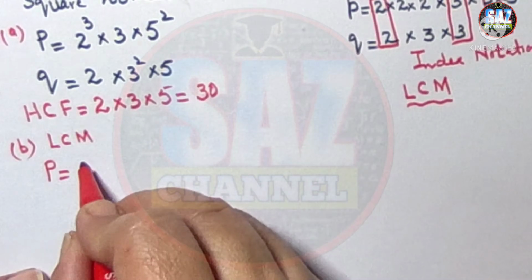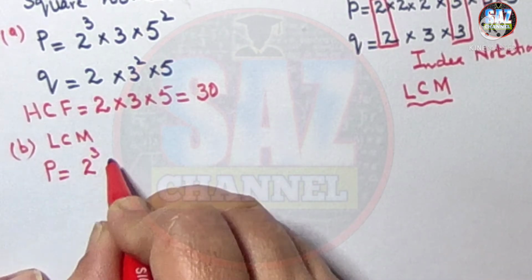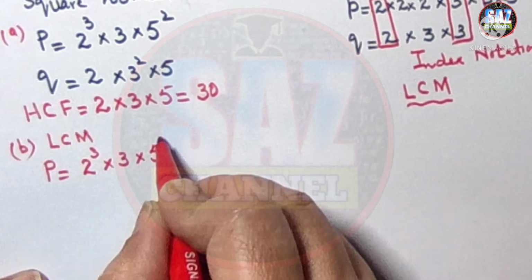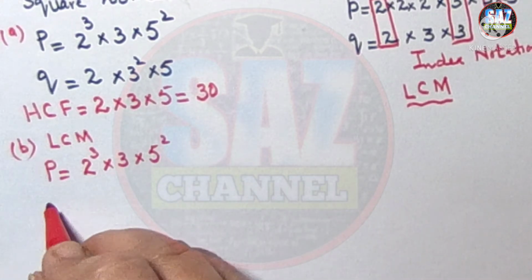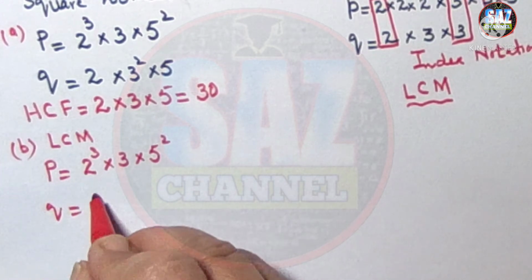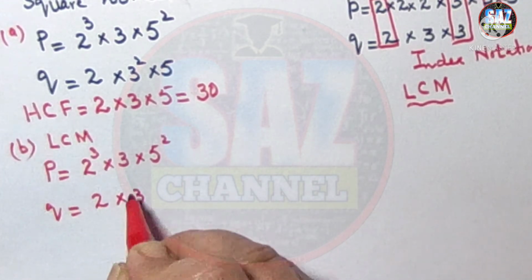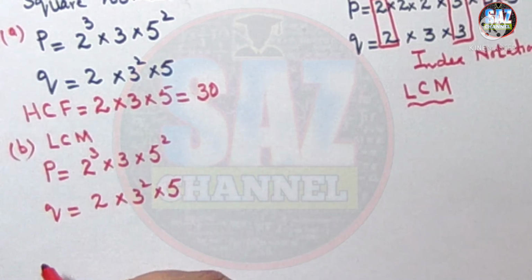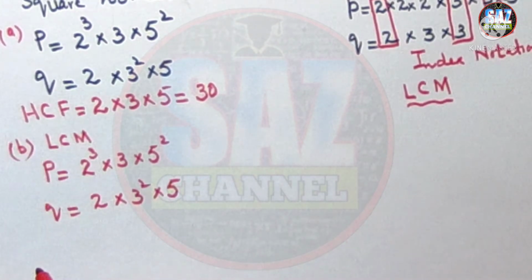Now we are given P that is 2 cube multiplied by 3 multiplied by 5 square, and Q is 2 multiplied by 3 square multiplied by 5, and we have to take the additional number as well.